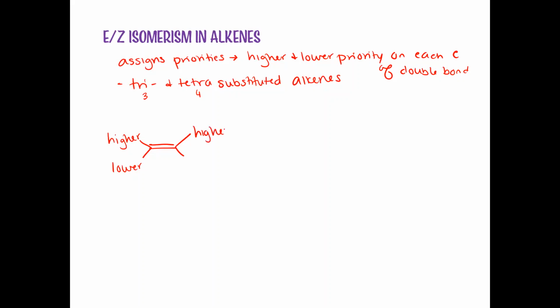Again, higher is on top, lower is on bottom. You put your plane through the bond. You have higher, higher on top, and lower on bottom. This would look like a cis because the higher and higher are on the same side, but because it would have 3 or 4 substituents on it, we cannot use cis and trans.